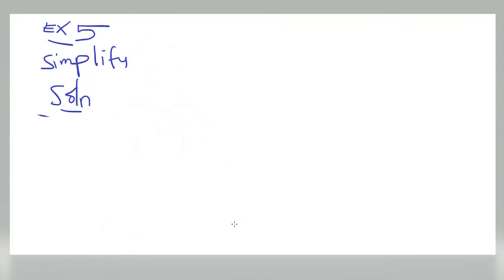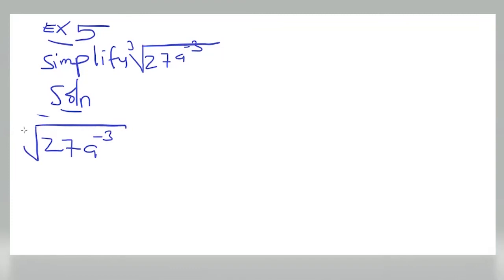Another question can be given like this one. Simplify the cube root of 27 a power negative 3. Okay, this one is a cube root, of course. Now, solution of this one can be written as the cube root of 27 a power negative 3.